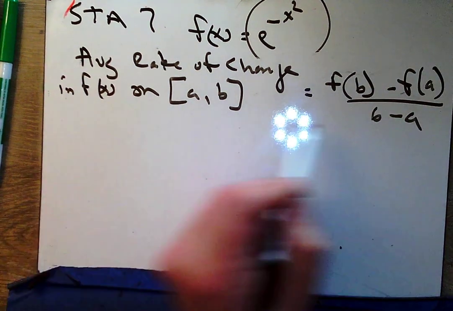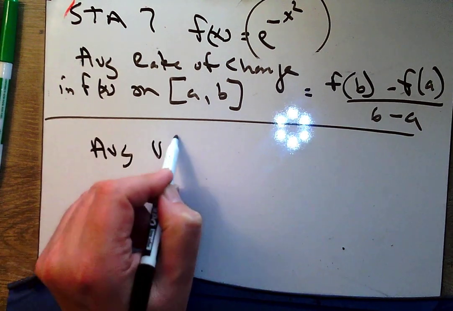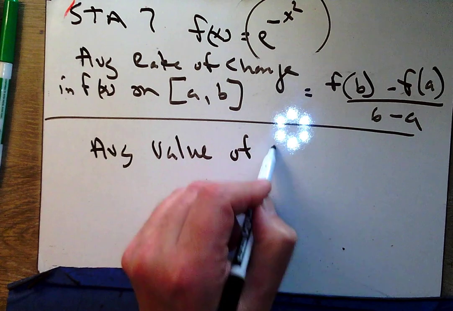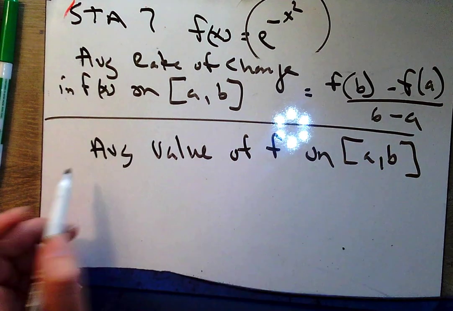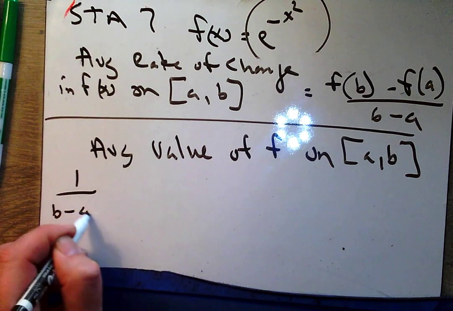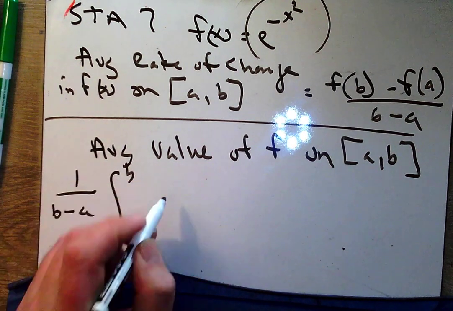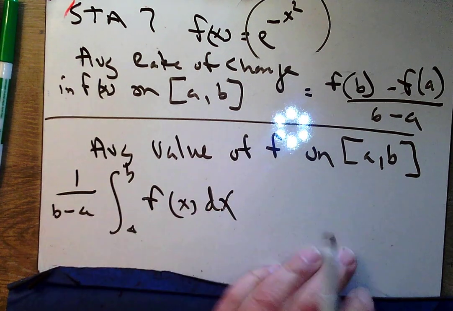And this should very much not be confused with average value of f on A to B. So what's my average value of f on A to B? That's 1 over b minus a, integral A to B of f of x dx.